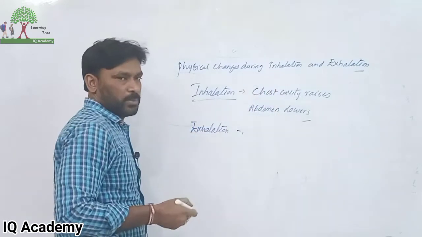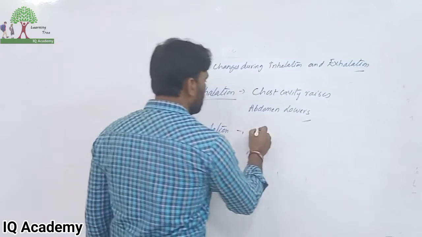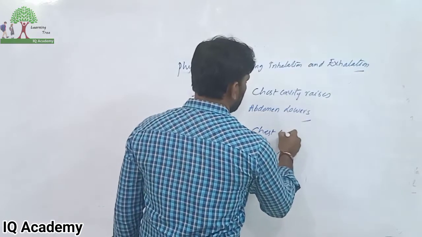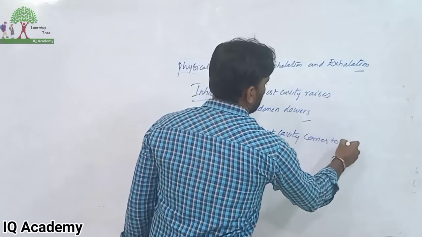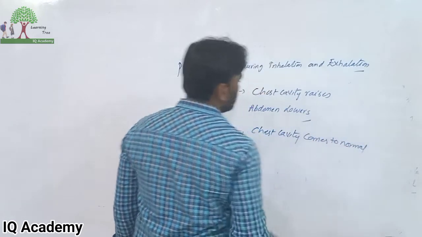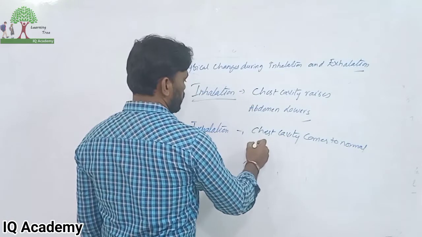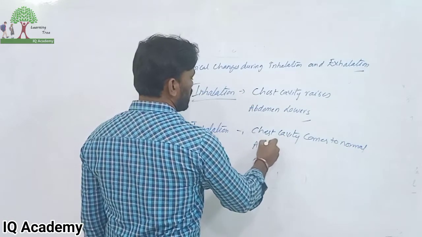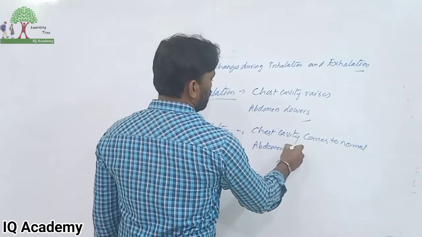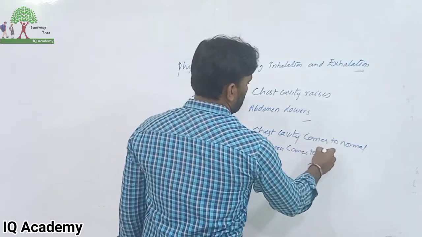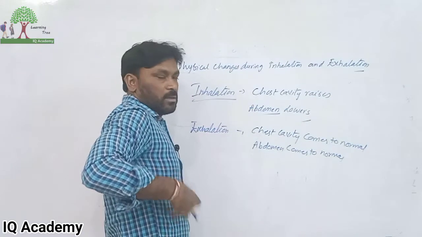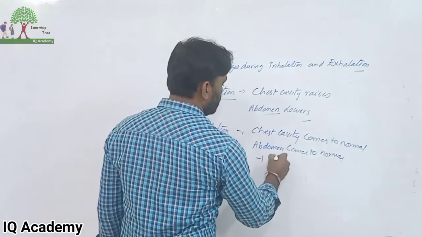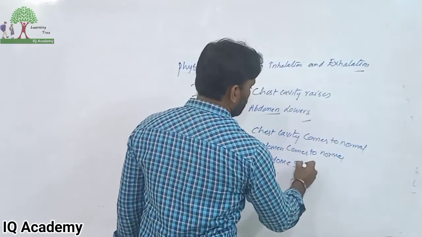Next, during exhalation, opposite. Chest cavity comes to normal position, and as well as abdomen also comes to normal. And abdomen, ribs change into dome shaped.